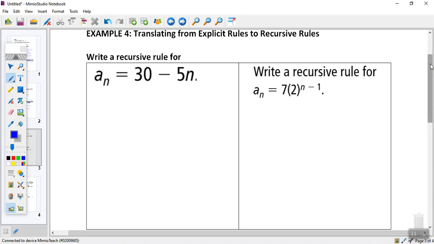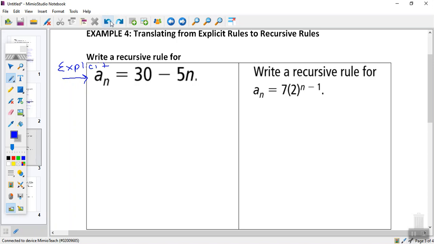All right, here's how you do this. This is an explicit rule that we're starting with, okay? Anytime they write a rule like this is considered to be an explicit rule. And the reason it's explicit is because A of n only has how many parts? Just one part. We don't have a start and then we don't have a rule with it. They just say, here's the rule.